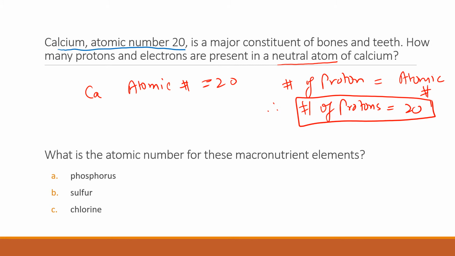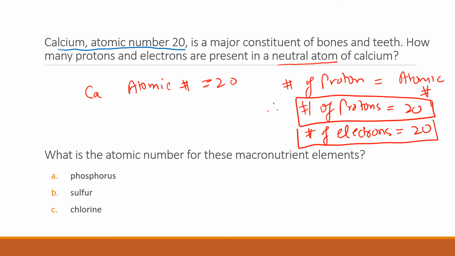Now we want to figure out how many electrons it has. Remember, in a neutral atom, the number of protons and the number of electrons are equal, because that's why they are neutral. Protons have a positive charge, and if electrons are not the same as protons, then the charge will not be neutral. Therefore, the number of electrons is also 20. So in any neutral atom, protons and electrons will always be the same.